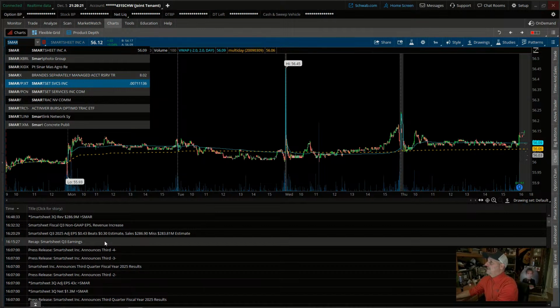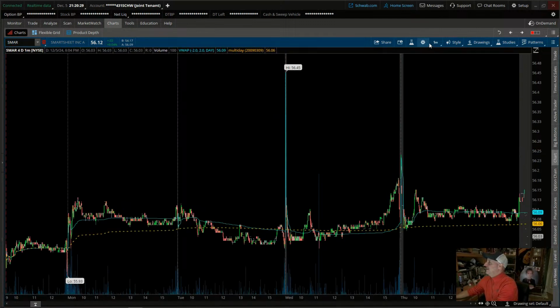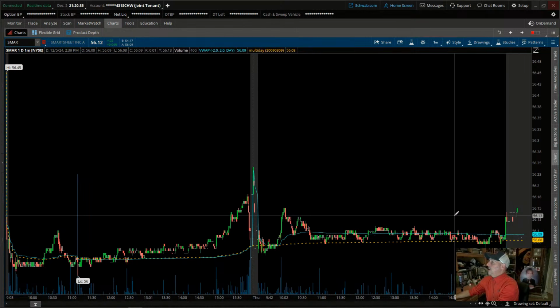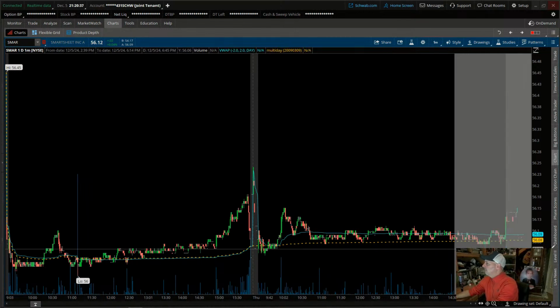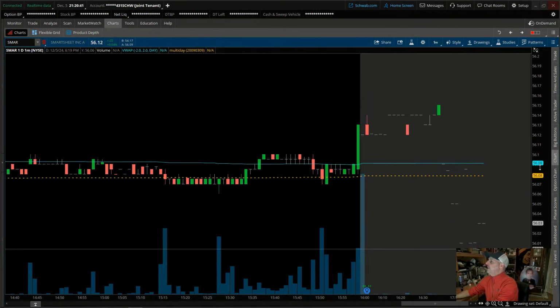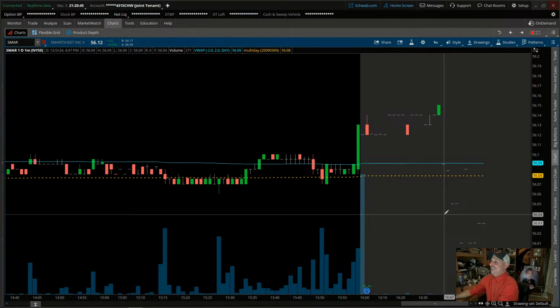Smartsheet. They actually reported earnings, and nobody on earth gave a shit. Look at that. That's funny.